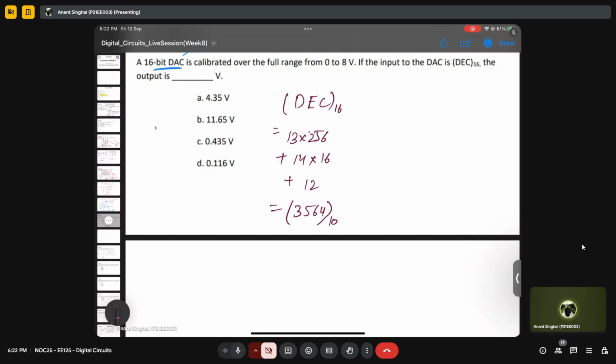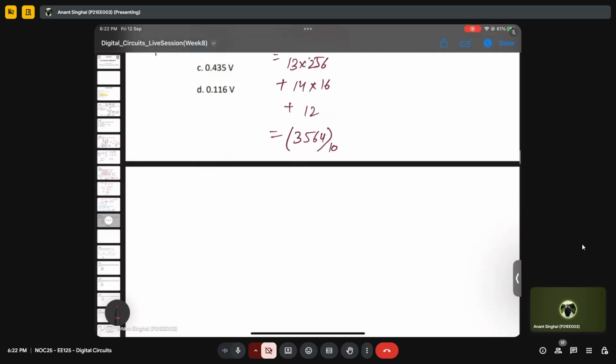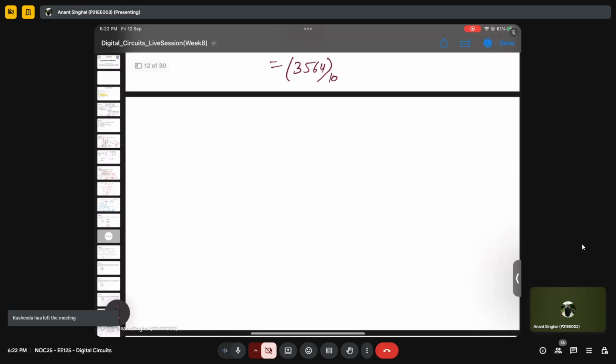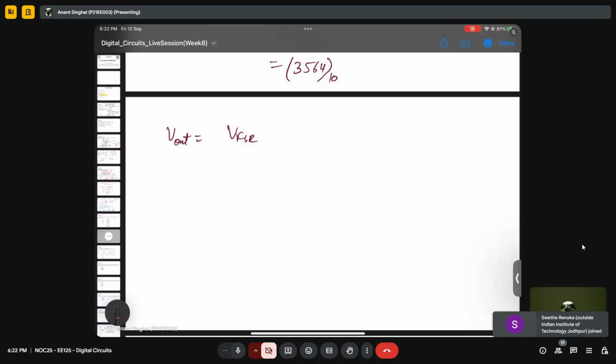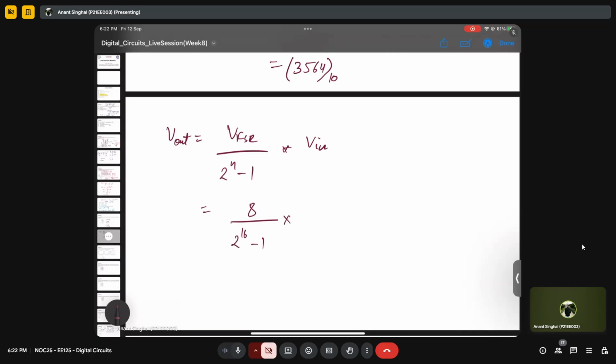So if 3564 is the decimal input of this particular DAC, then we can write the output voltage, which is nothing but the full scale range divided by 2 raised to the power n minus 1 times V. The full scale range is already given, it's 8. Then it is a 16-bit DAC if I'm not wrong. So it's 2 raised to the power 16 minus 1 times 3564.